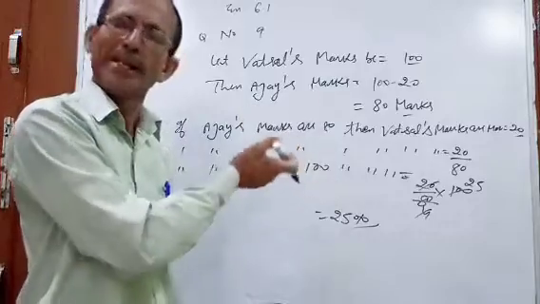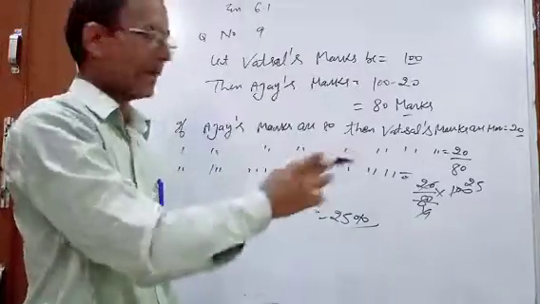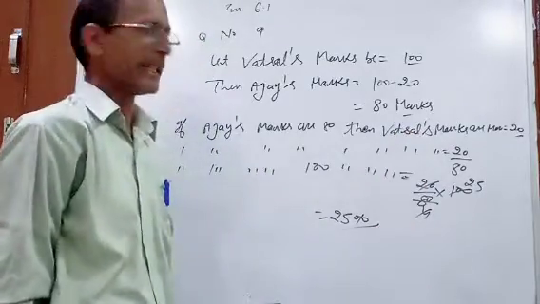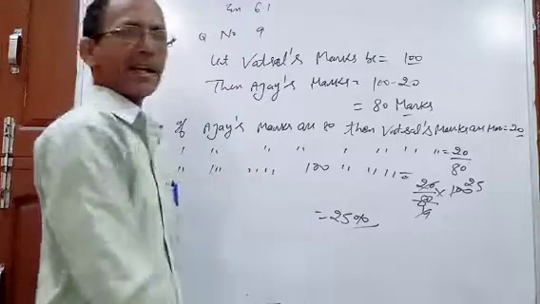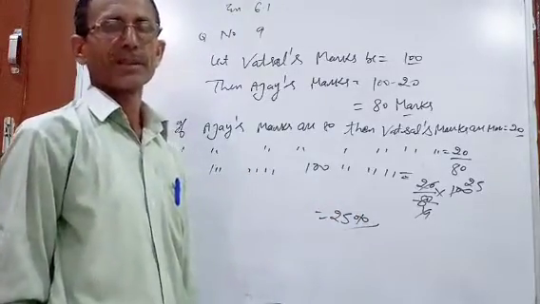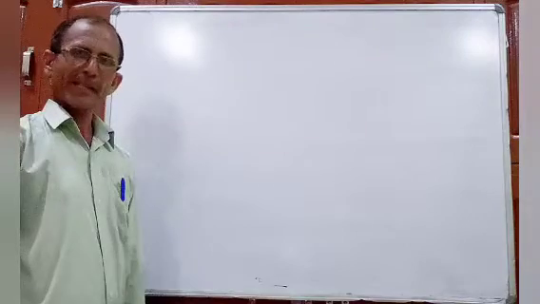He is getting 100 and Ajay's marks 80, so he is getting 20 more marks. If Ajay's marks is 1, then he is getting 20 by 80. If Ajay's marks are 100, then he is getting 25% more marks. Any doubt? Okay. So very easy exercise.